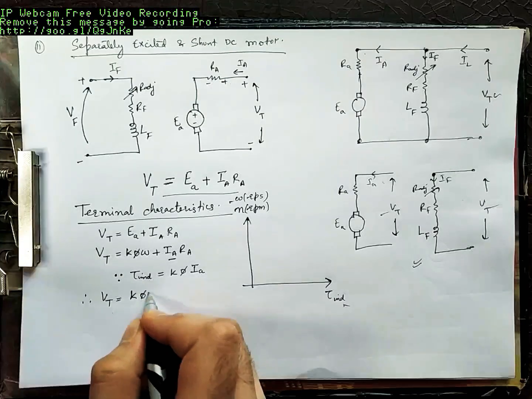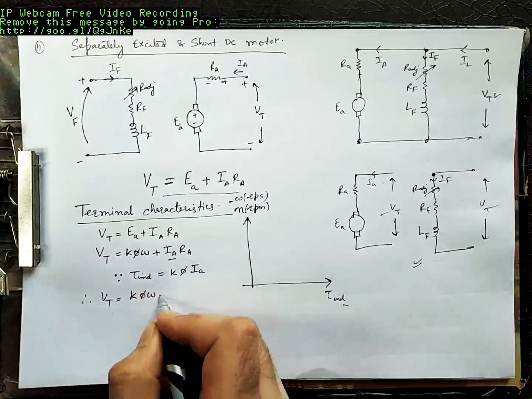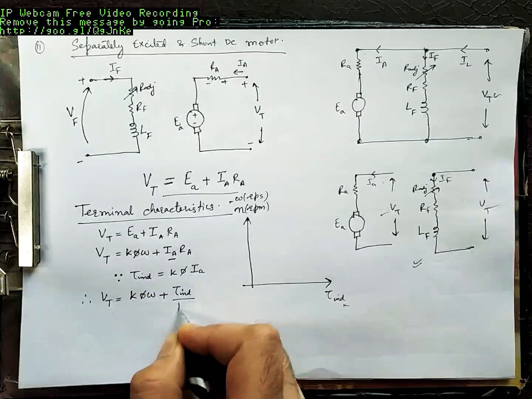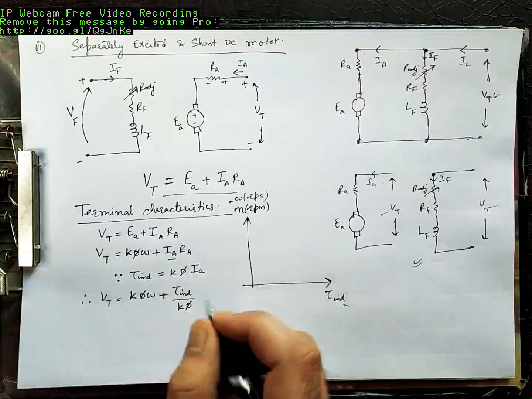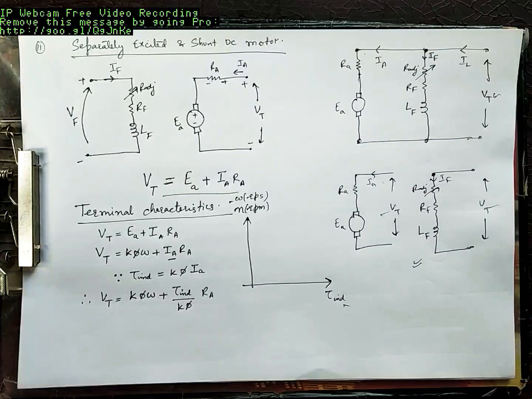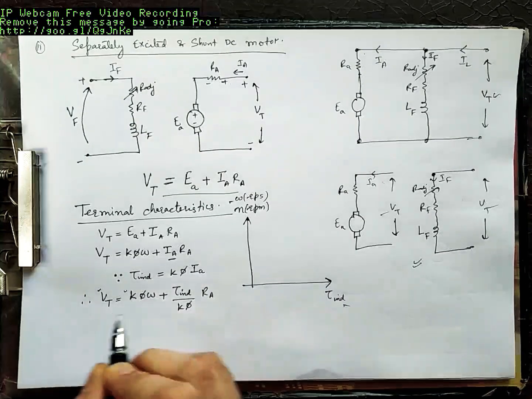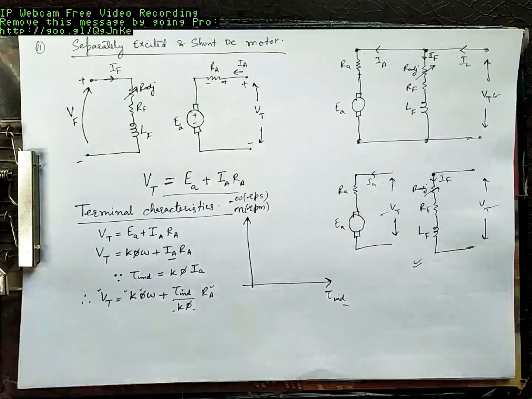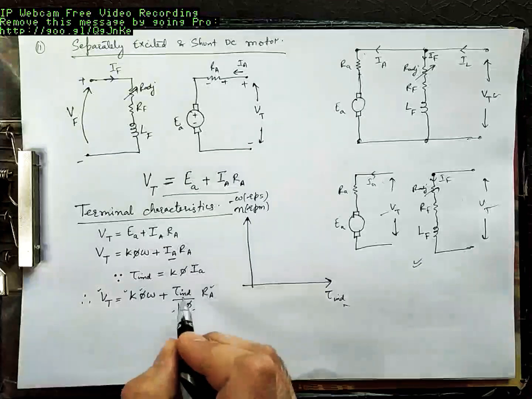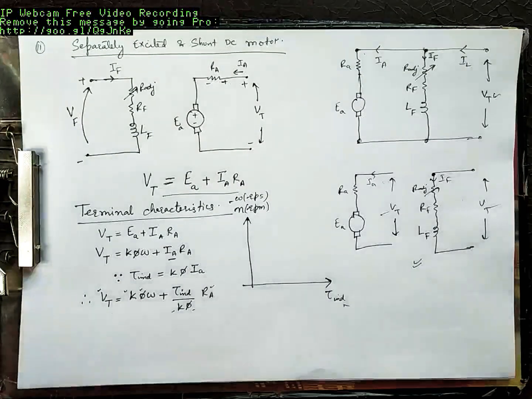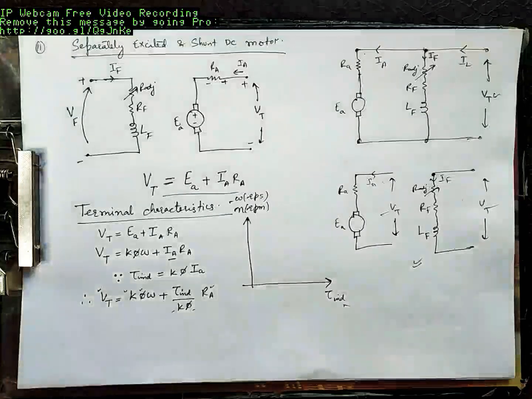Therefore, this Vt will be equal to K phi omega plus tau induced divided by K phi into Ra. Since Vt is constant, K is constant, let's suppose flux phi is constant, Ra is constant, there are only two variables, one is tau induced and one is omega. That's what I wanted to plot between omega and tau induced. So I can calculate omega from this.